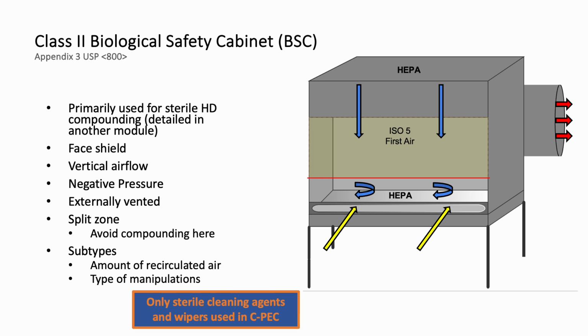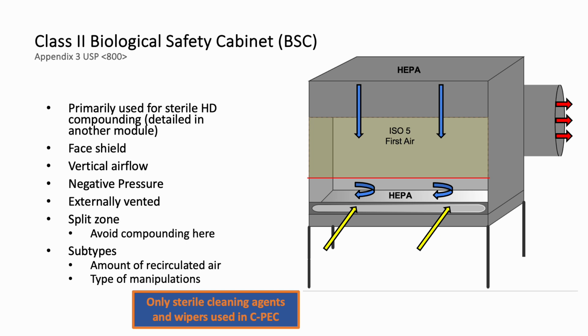There's also Class 2 biological safety cabinets, or BSCs. These are primarily used for sterile hazardous drug compounding, and we'll talk about these a little bit later. But there's a face shield that actually comes down and sits at a precise location where the manufacturer knows that it contains and helps maintain the environment and contains any contamination within that biological safety cabinet.